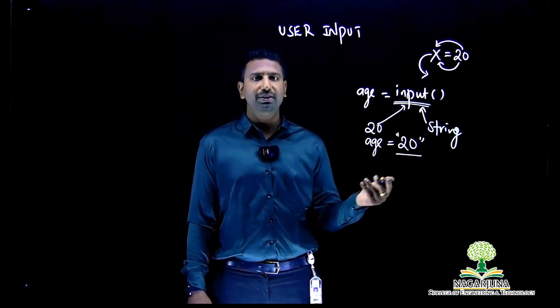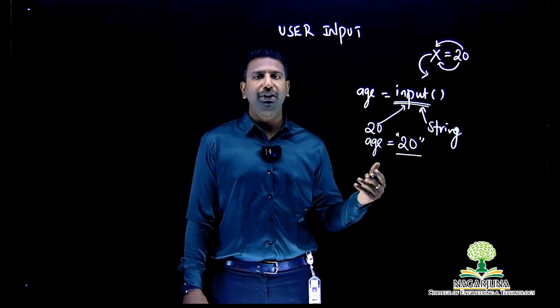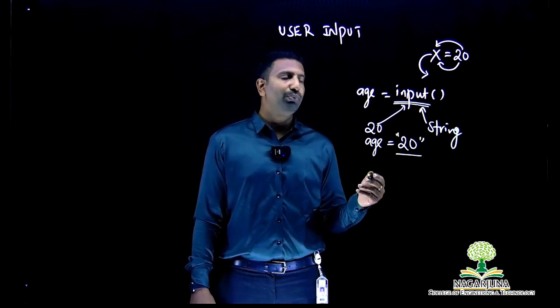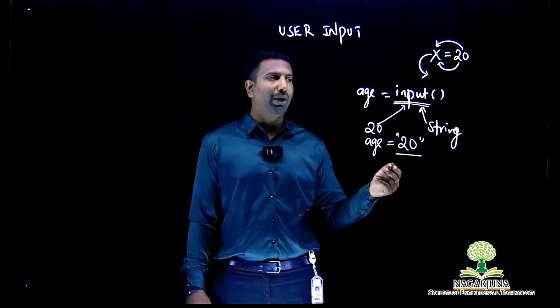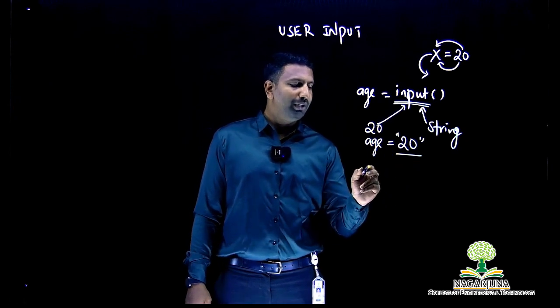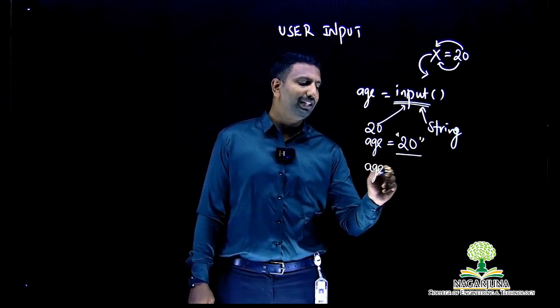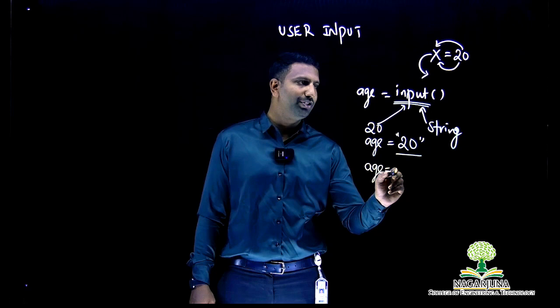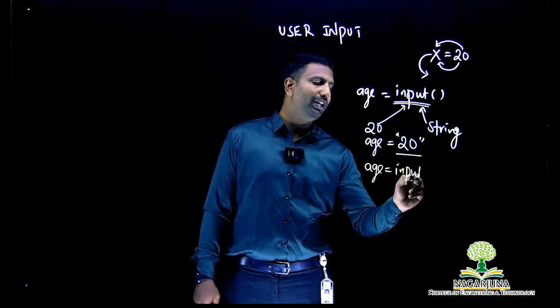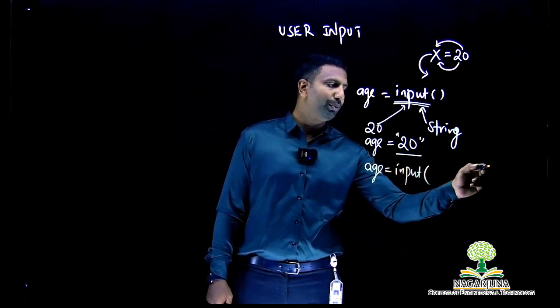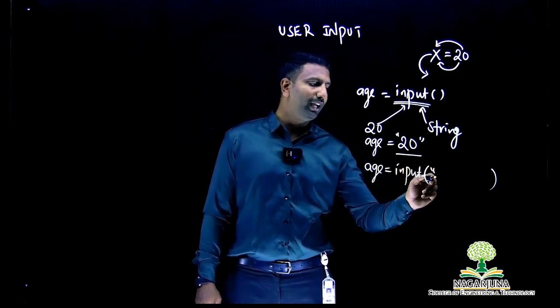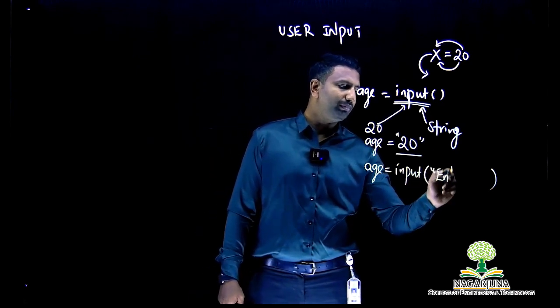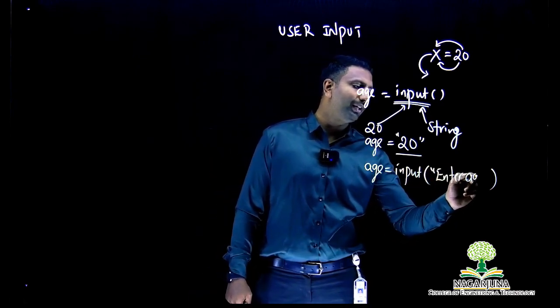How do I make him understand that he needs to enter a particular value? For that, we need to make the user understand what value he is supposed to give. We'll use a string inside this input function. For example, age is equal to, instead of writing only the input function, inside this input function I can state, enter your age, or enter age.